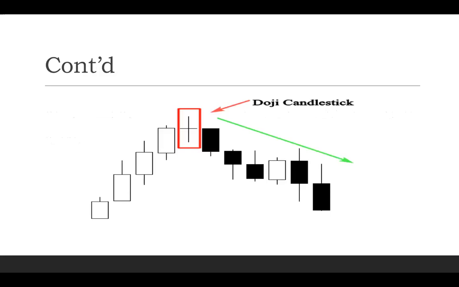So again, look at this here. We had a full body candle. The market opened here, the market went up, that high came down, and it closed here. The next candle opened right here. There was no lower price. The market went all the way up and was pushed down a little. There's a different candlestick formation here now.